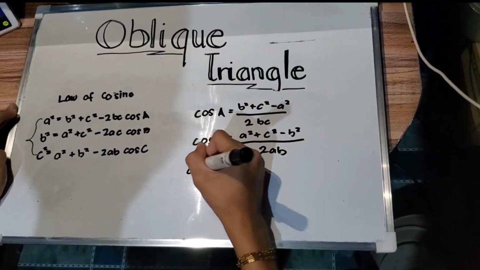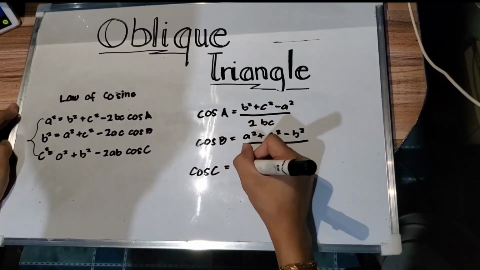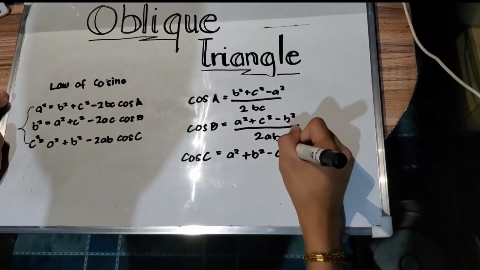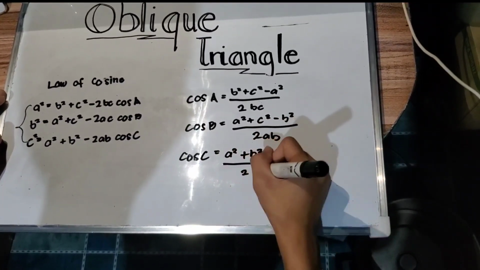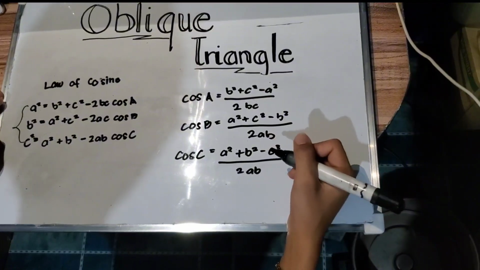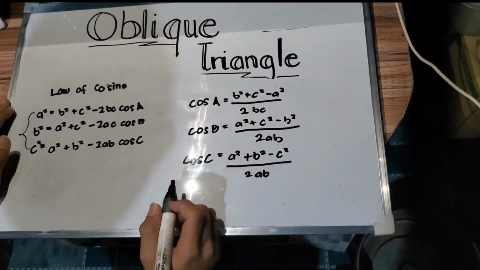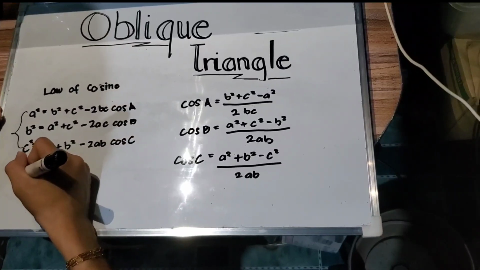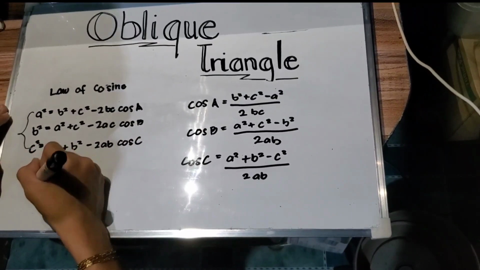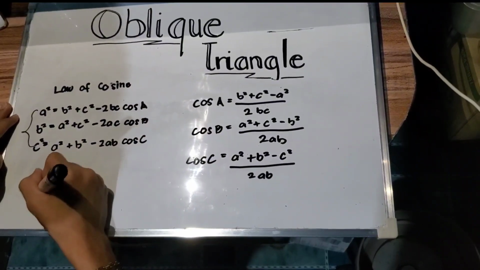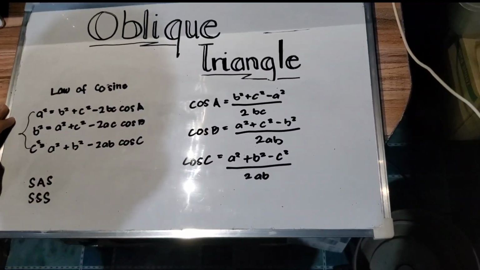In solving cos C, we're going to use a squared plus b squared minus c squared all over 2ab. So, the law of cosines is used in solving triangles when given two sides and the included angle, or SAS, or three sides, which is SSS.